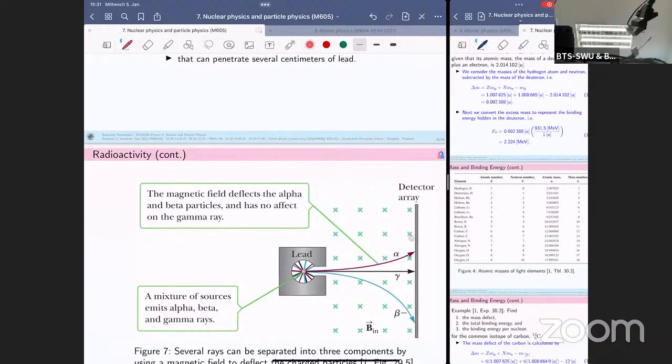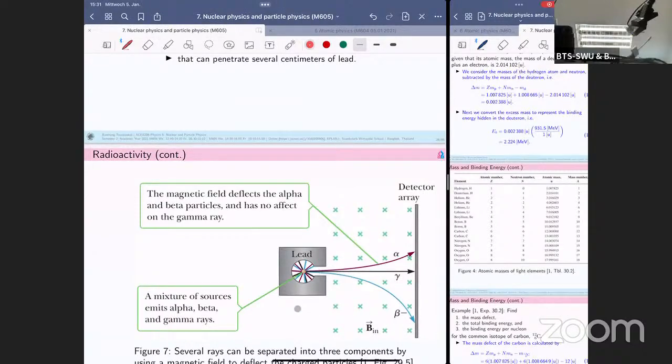For the gamma, of course, gamma is neutral. Gamma is only a photon, and the magnetic field cannot do anything to it. So the photon or gamma is going to hit the plate like that without any bending. And beta negative means it emits an electron, which is a negative charge.